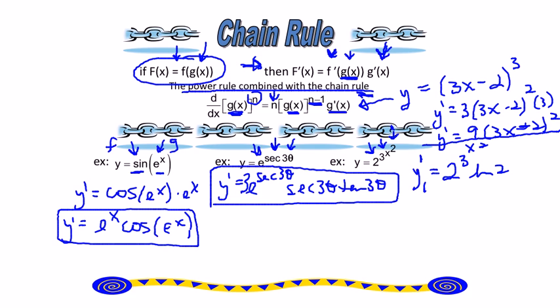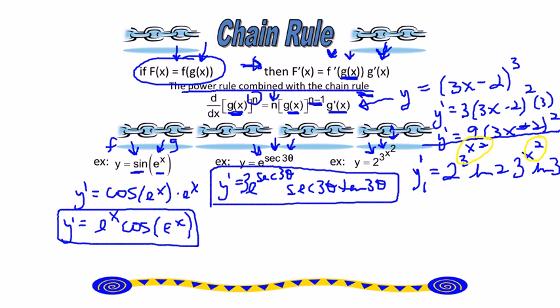And then we have to multiply by the derivative of what's inside. So this part right here is inside. Now we need to take the derivative of 3 to the x squared. Well, the derivative of 3 to the x squared is 3 to the x squared ln 3. And no, we're not done. Now we have to take the derivative of this inside piece.